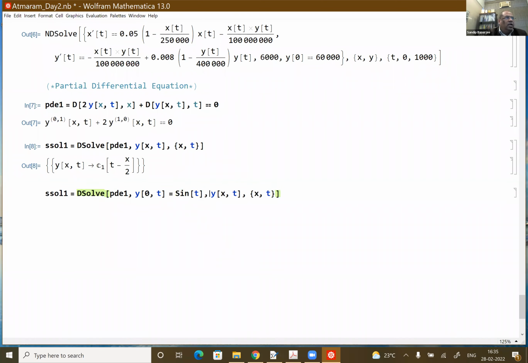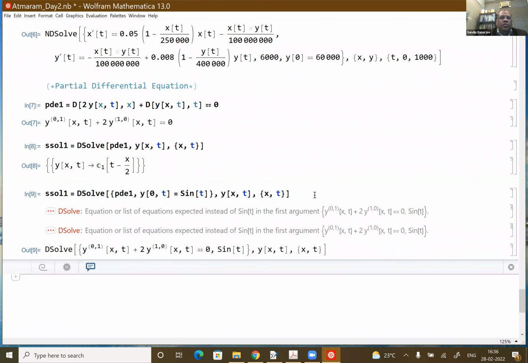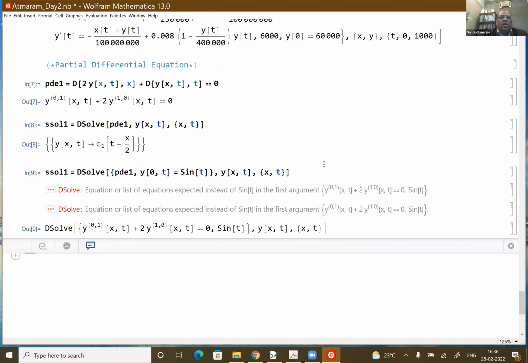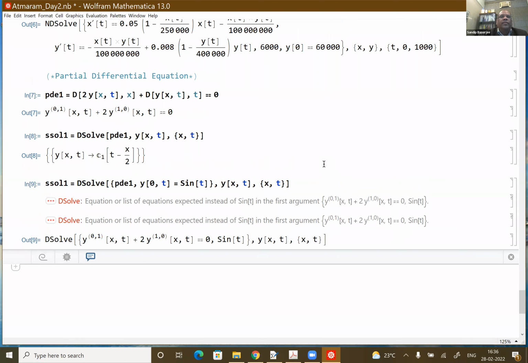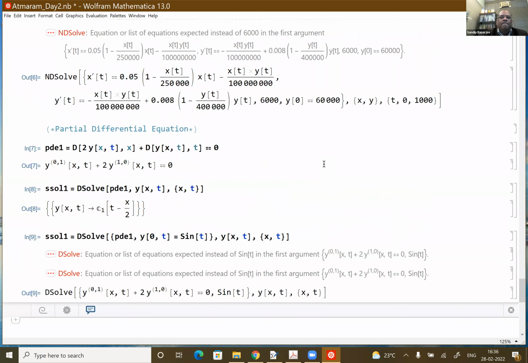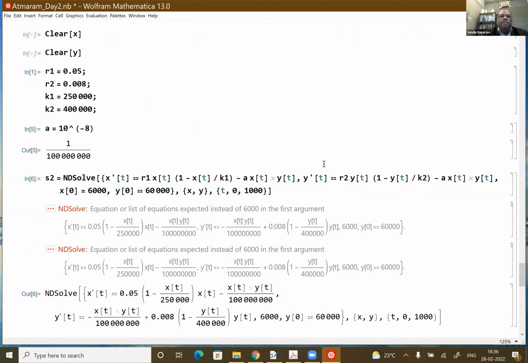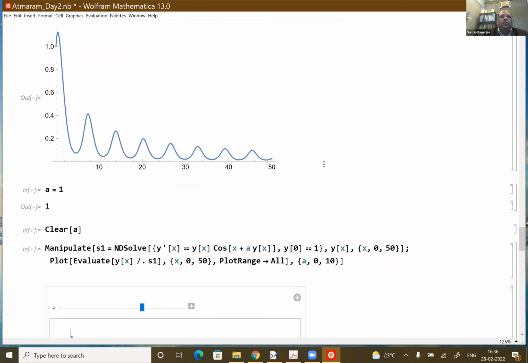Then I have to take this equation and the condition in a curly bracket, then the dependent variable, and then the independent variables. And this should give me a solution. Nope. I am getting a lot of syntax errors. It's fine. Let me do it like this.